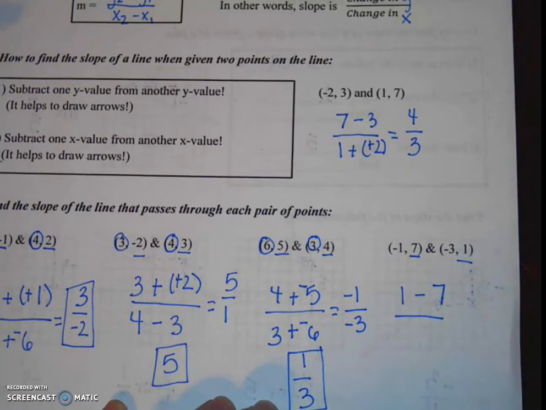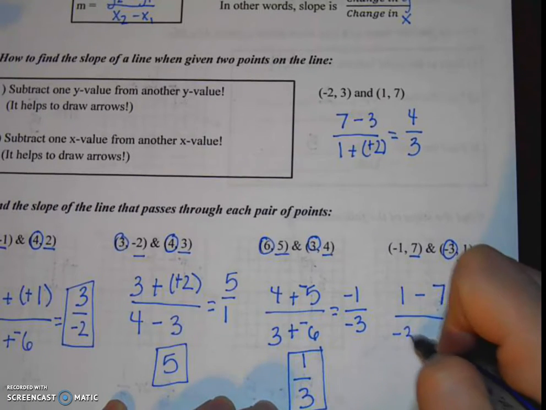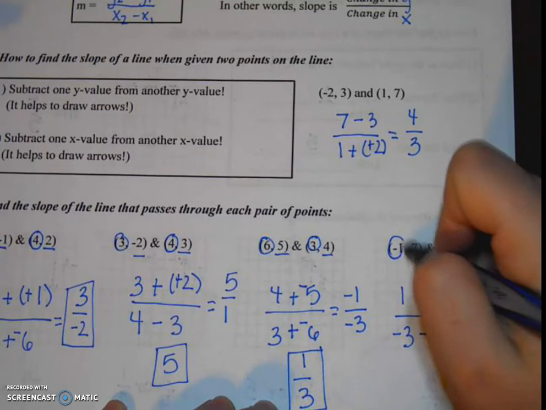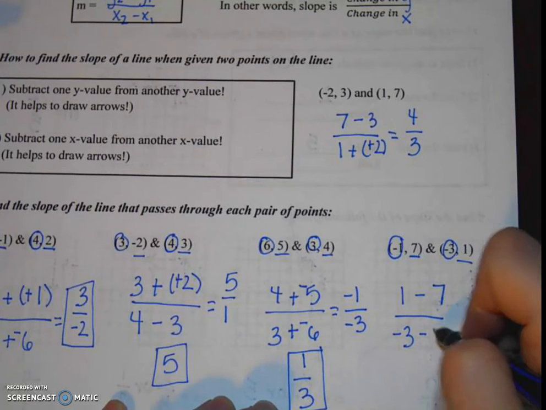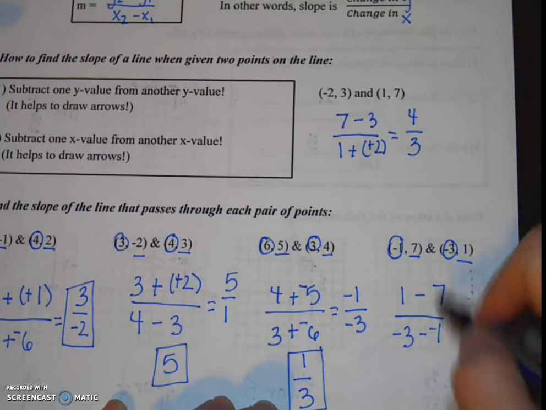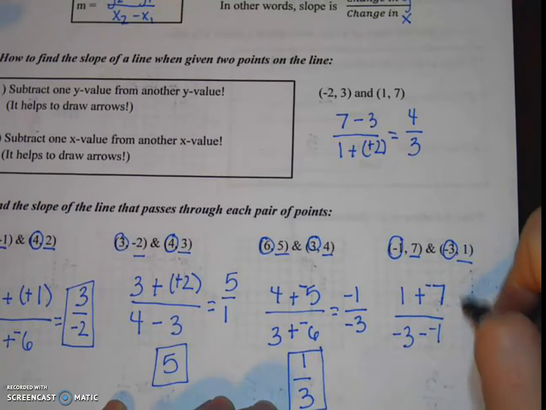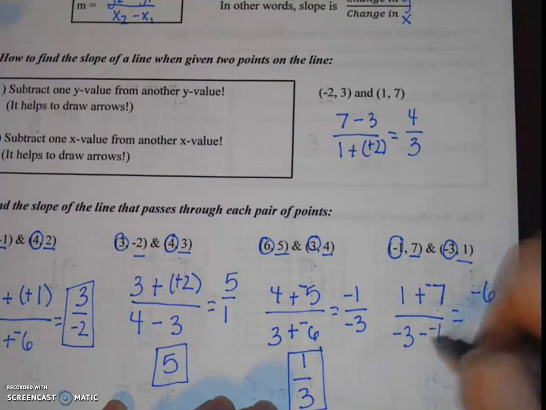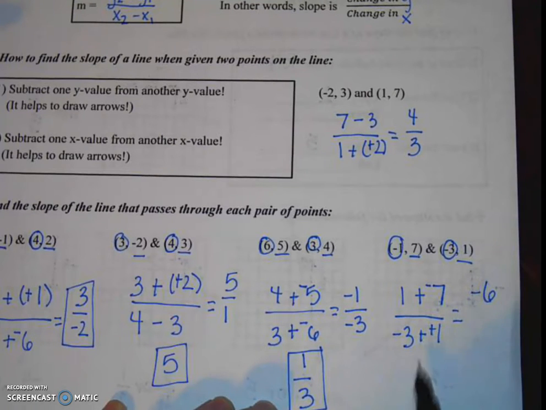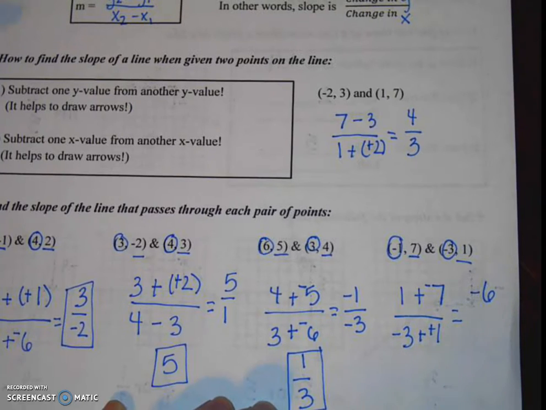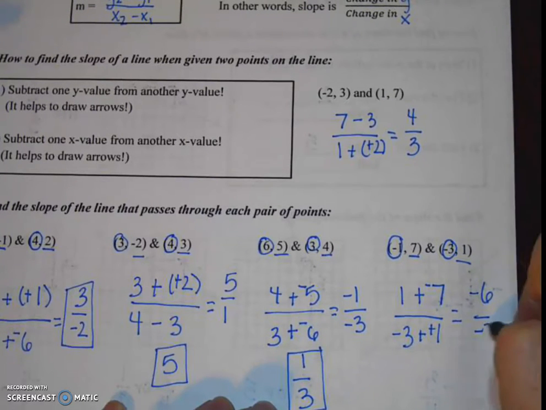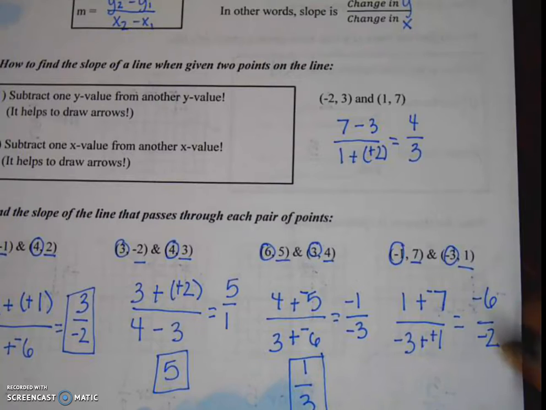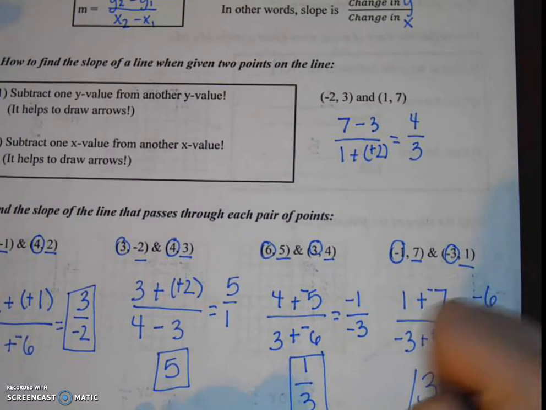Then put that all over your x2, which is negative 3, minus your x1, which is negative 1. So if I use keep, change, change, I have 1 plus negative 7 is negative 6. I keep, change, change. Negative 3 plus 1 is negative 2. Well, negative 6 divided by negative 2 makes positive 3.